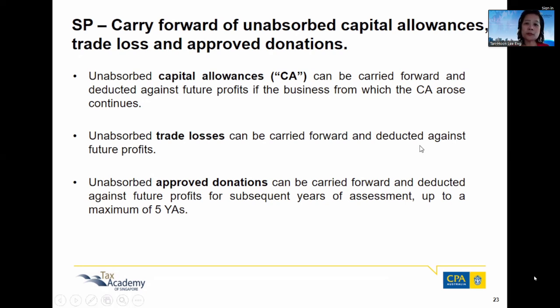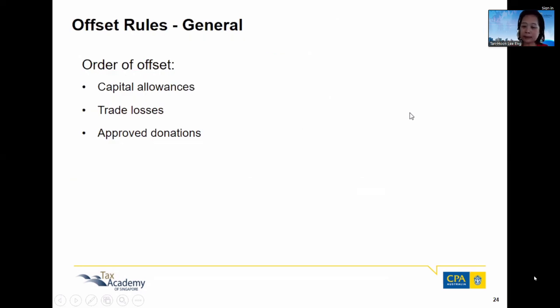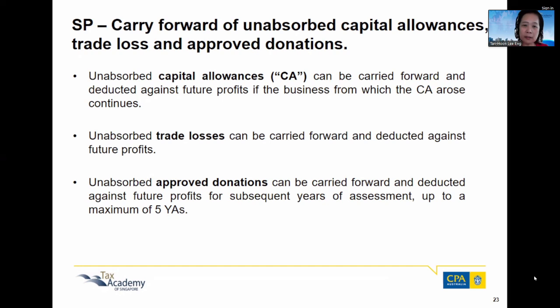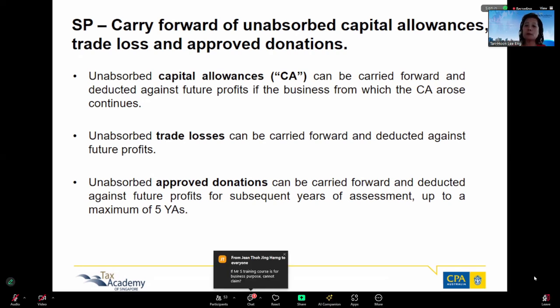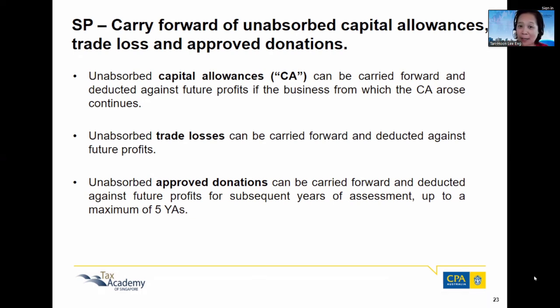Okay, so you see, for self-employed persons, they are slightly different from employees because they will have losses. And if they have losses and they have CA and the CA are unabsorbed, what happens to it? Okay, so the self-employed person can actually carry forward capital allowances that are not utilized in that YA, and carry forward to the following YA.